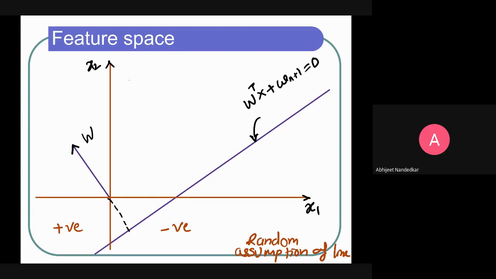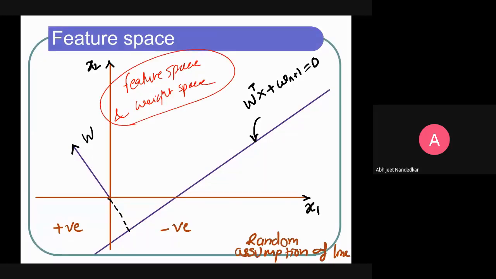So try to differentiate feature space and weight space. Here the axes are features x1, x2. And when I draw a line like this, as usual, the equation is W transpose X plus Wn+1 equal to 0. This line is drawn in feature space.